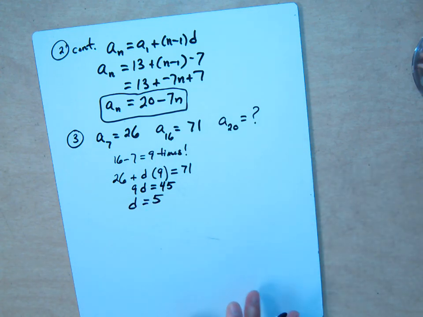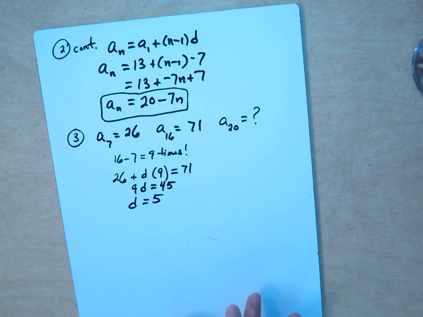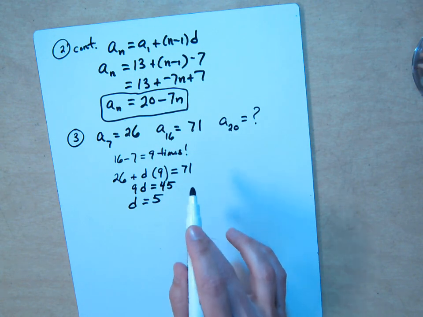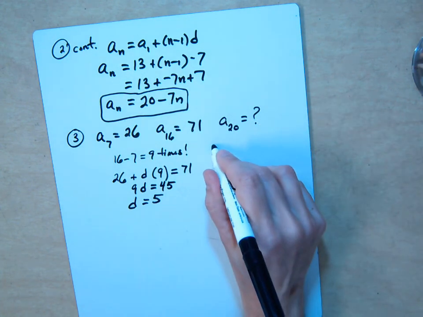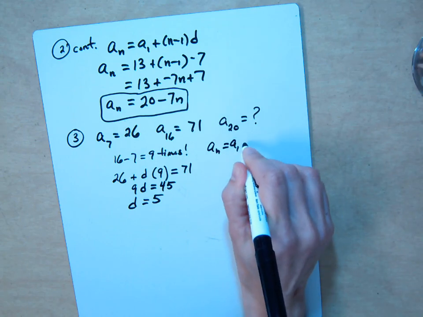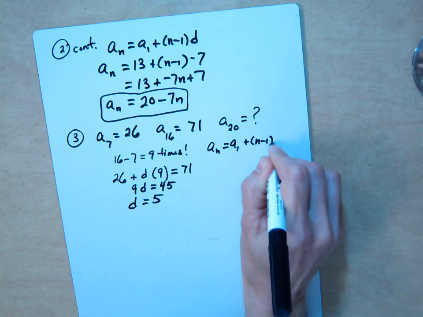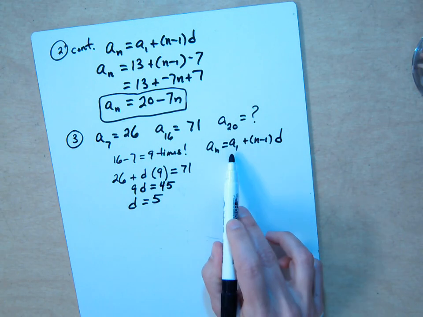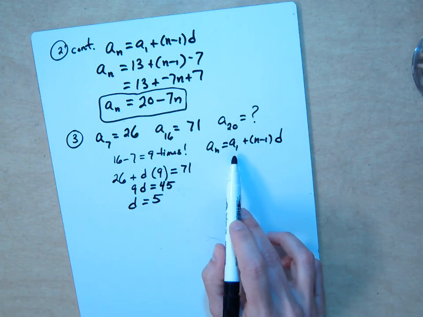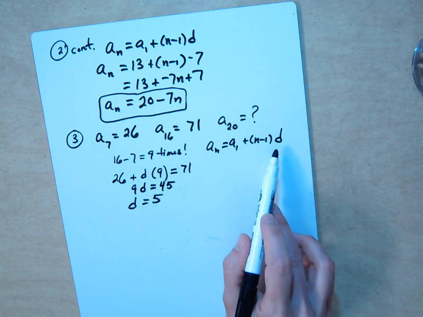So great. Now we've solved part of our mystery. Do we know the first term? In order to find the general term, remember it's a sub 1 plus n minus 1 times d. We need to know d, and we need to know the first term. We need a sub 1 and d.